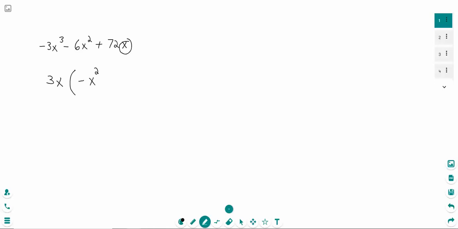And a -6x squared divided by a 3x, what's that going to give me? That is going to give me a -2x. And then a +72x divided by a 3x is going to give me a positive, in this case, what? +24. Am I right there? Yeah, 24. All right. So we have a +24 without any x.